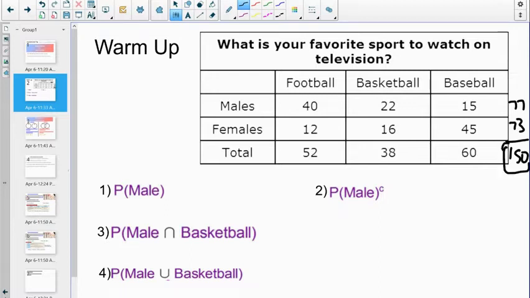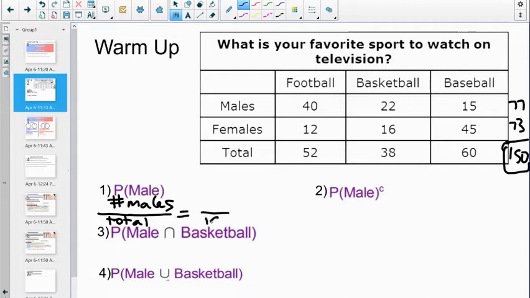So now that we have that filled in, we're going to find the probability of if we were to select someone at random, if they were male. So remember how that's the desired number over the total number of outcomes. So number of males over our total people, which is 150.